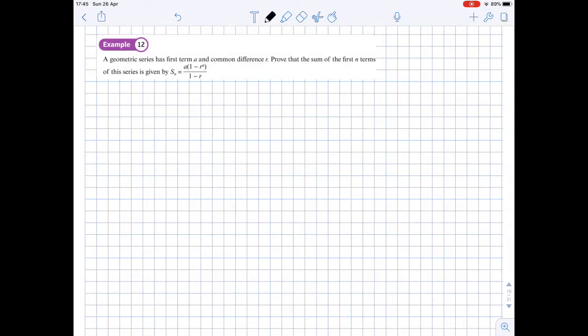Next, we're going to prove the summation formula for the sum of a geometric series, letting Sn represent the sum of the first n terms, which is equal to the first term, plus the second term, plus the third term, all the way up to the nth term, which is ar to the power of n minus 1.